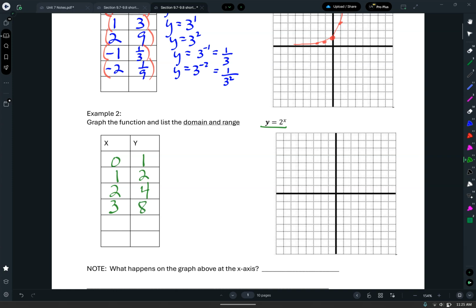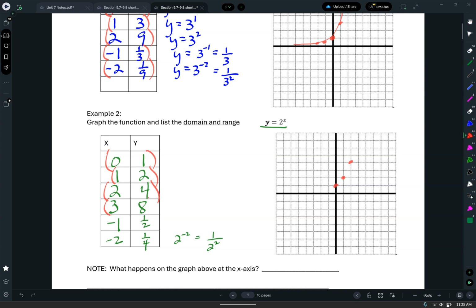And let's do some negative numbers like we did above. What if I have -1? That'd be 2 to the -1, which is 1/2. Or if x is -2, that would be 2 to the -2, which remember is 1 over 2 squared, so 1/4. Okay, so again, let's think of all of these as ordered pairs. So 0, 1, well, that's the same. 1, 2, well, that's not the exact same point. 2, 4.